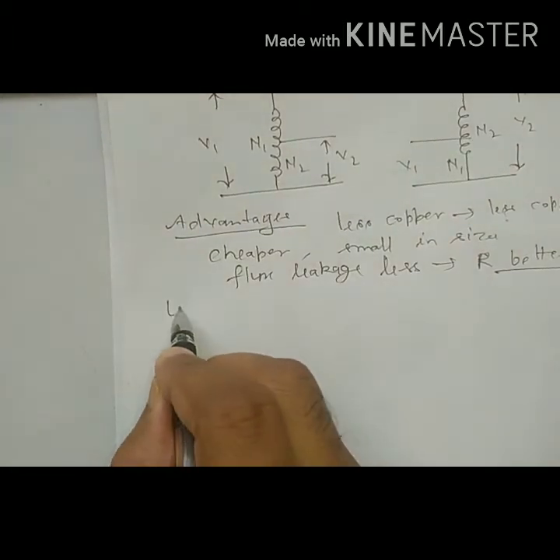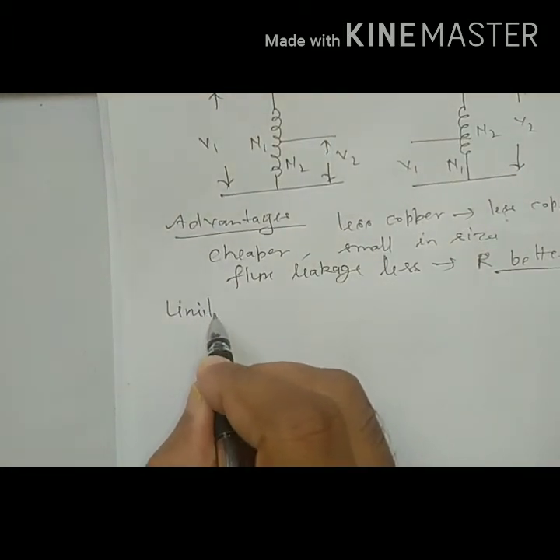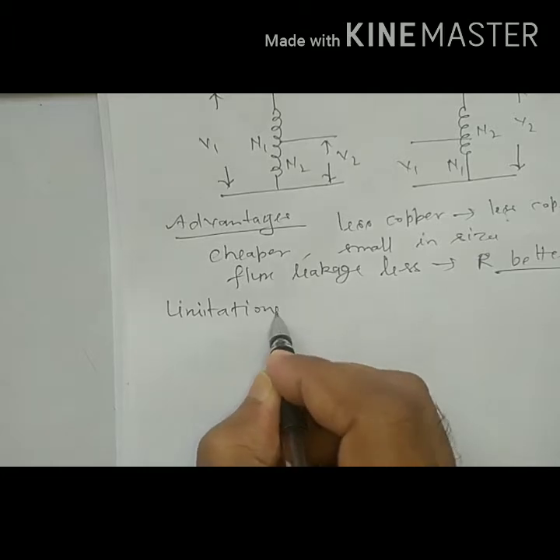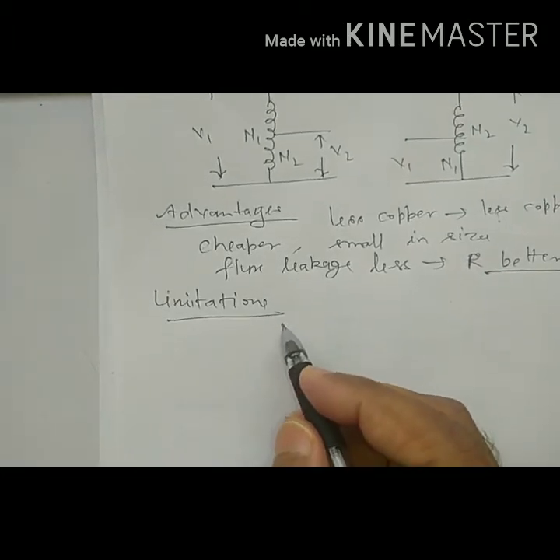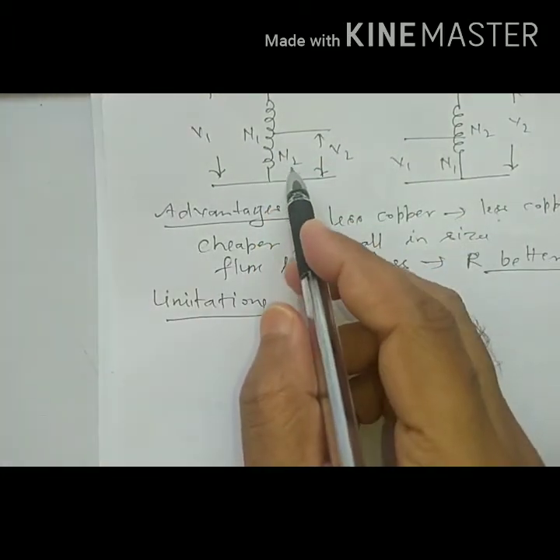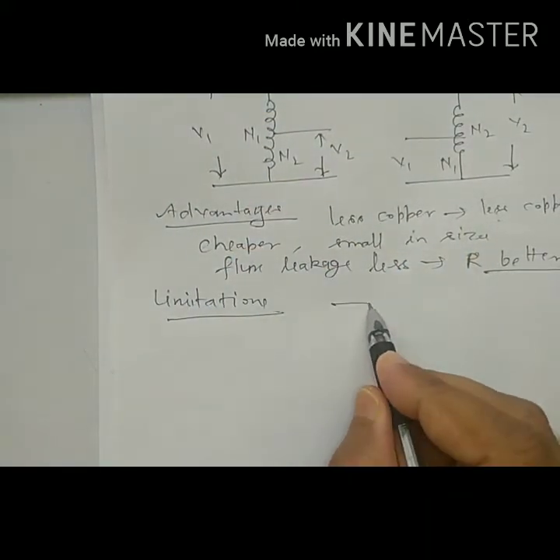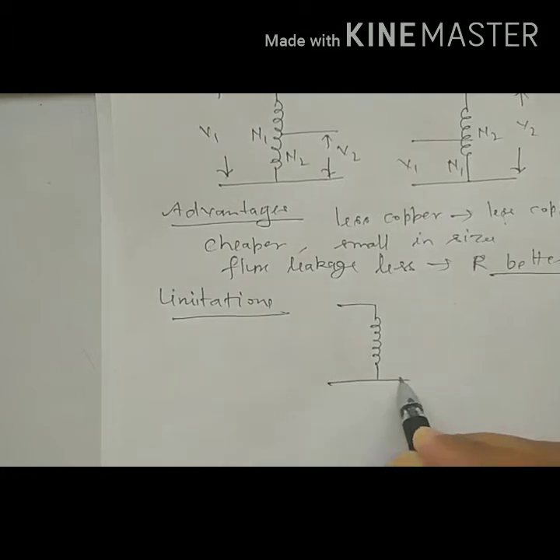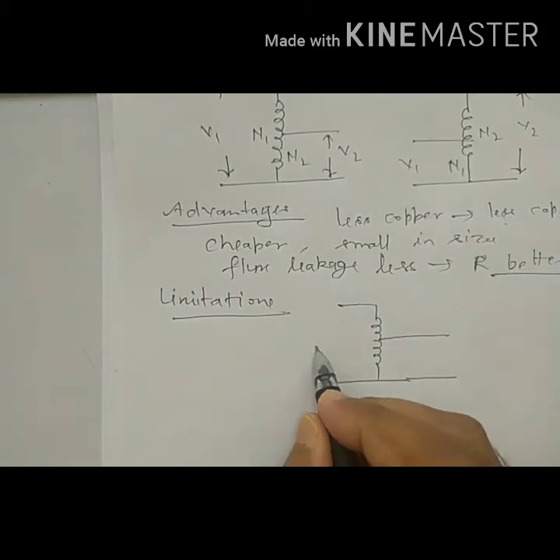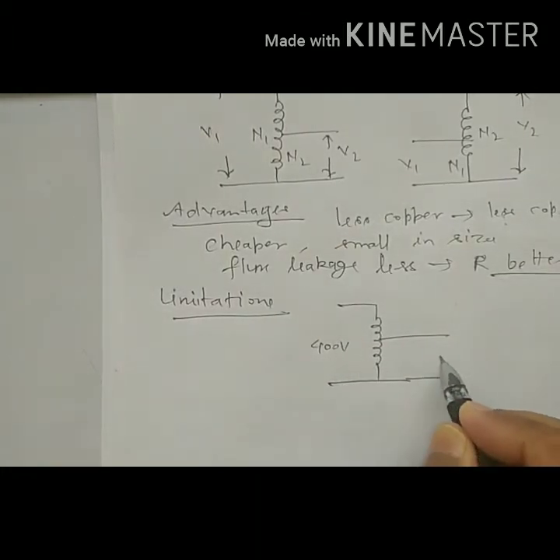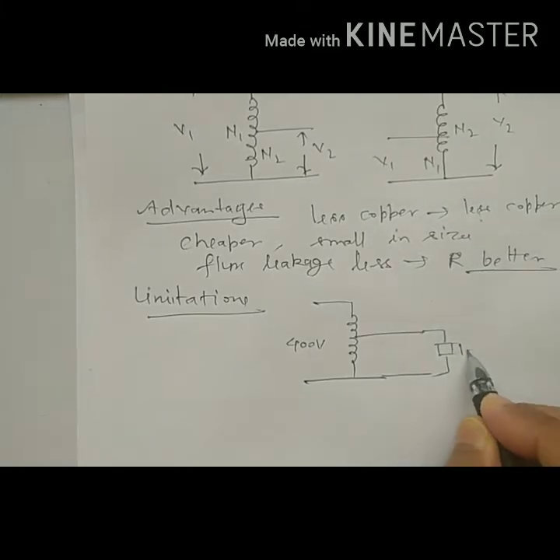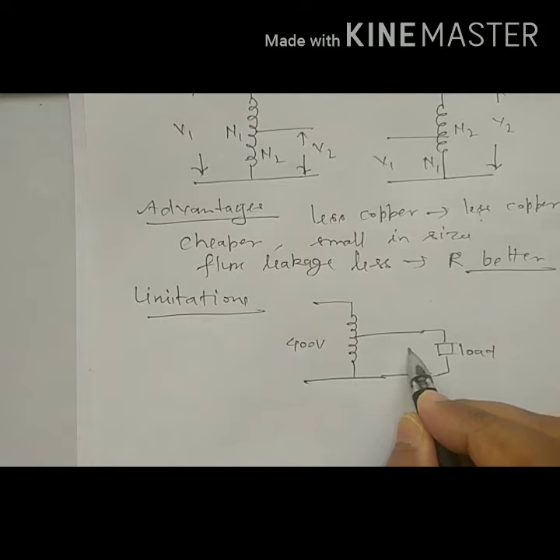What are the limitations? There is no electrical isolation between primary and secondary, right? And the second limitation is, in case of step down, say here it is 400 volt and I have a load of 150 volt.